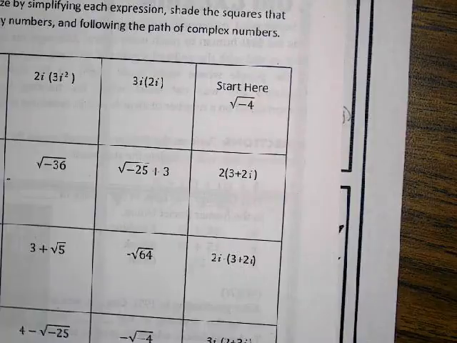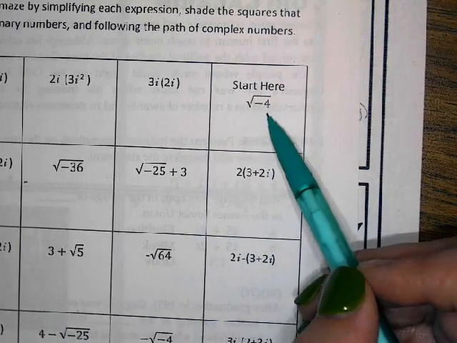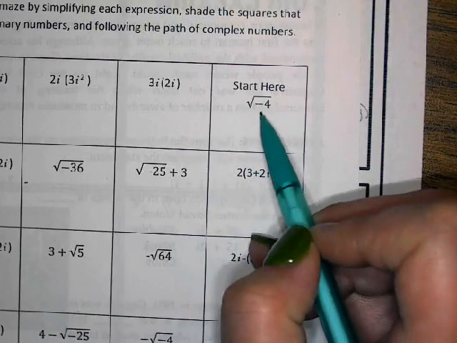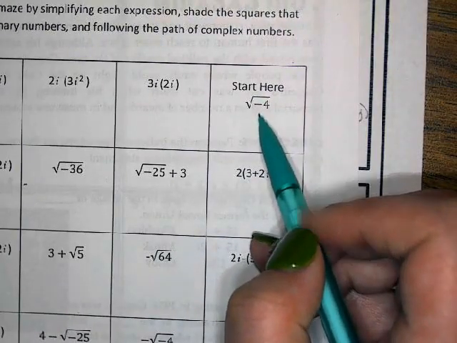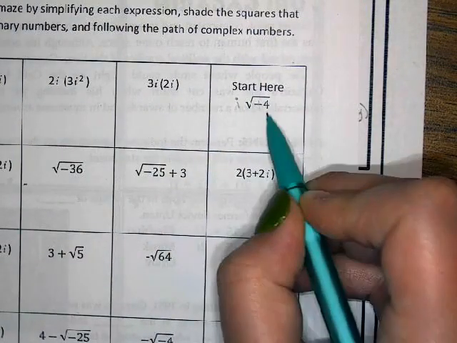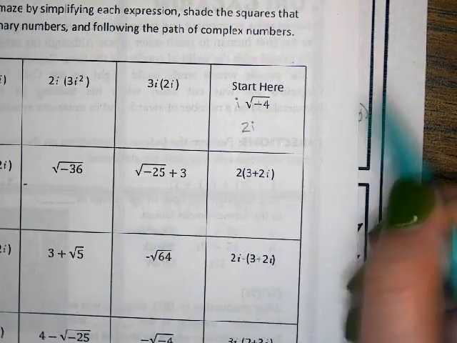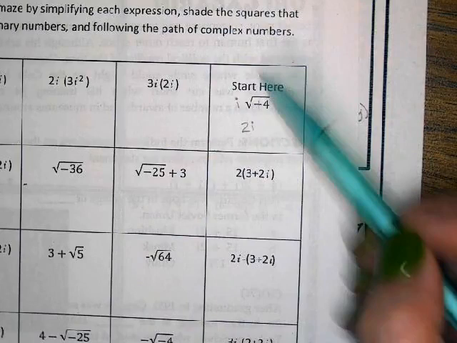So if you simplify this first problem, what do we do with this negative? Make it a positive, turn it into an i. What's the square root of 4? 2, so the answer here is 2i. Since it has an i, we're going to shade this square. Which direction do you want to go?